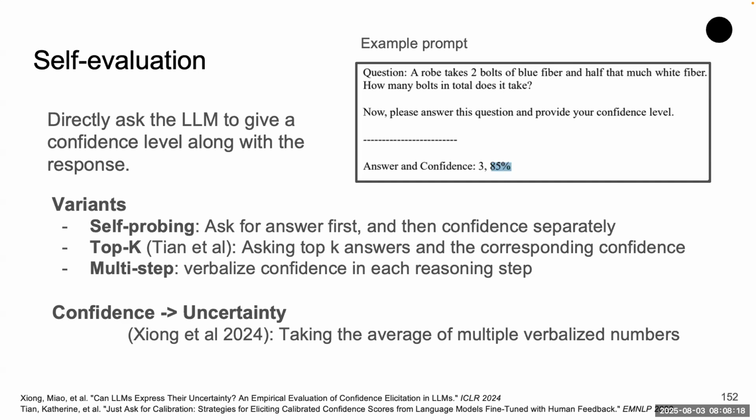Top-K asks for the top K answers and their corresponding confidences, and then normalizes them. The last one is multi-step, verbalizing the confidence in each reasoning step. To go from confidence to uncertainty, you have different ways to aggregate. This paper just takes the average of multiple verbalized numbers as the final uncertainty.